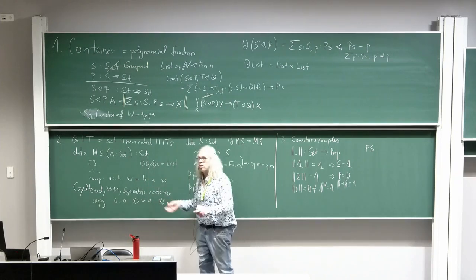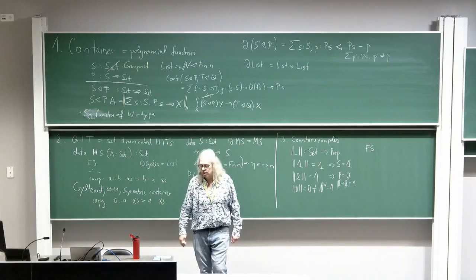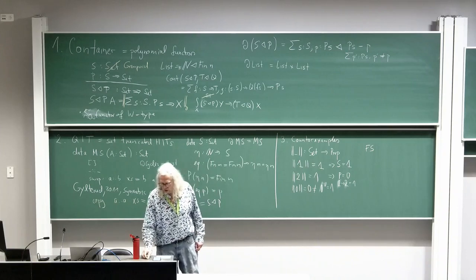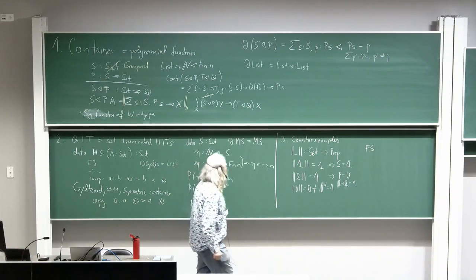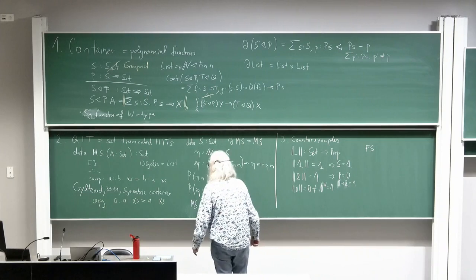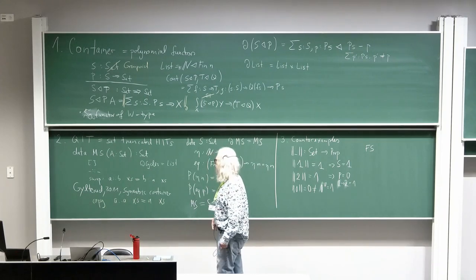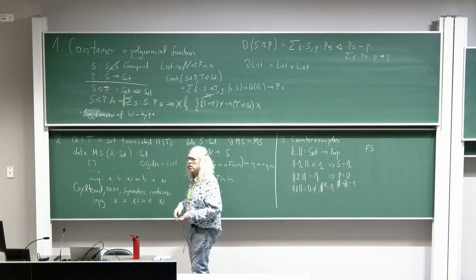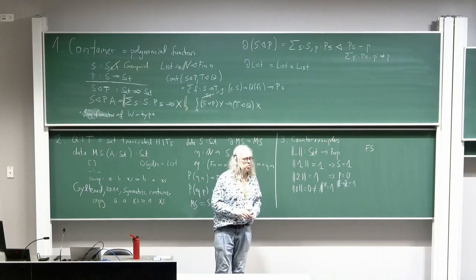So you can collapse several A's. Now you can also show that this cannot be a symmetric container, because if you apply a function which identifies elements, the shape is changing, and that's something which you cannot do with symmetric containers.